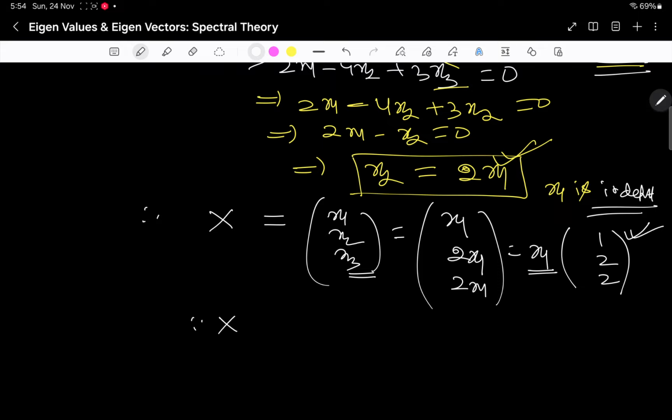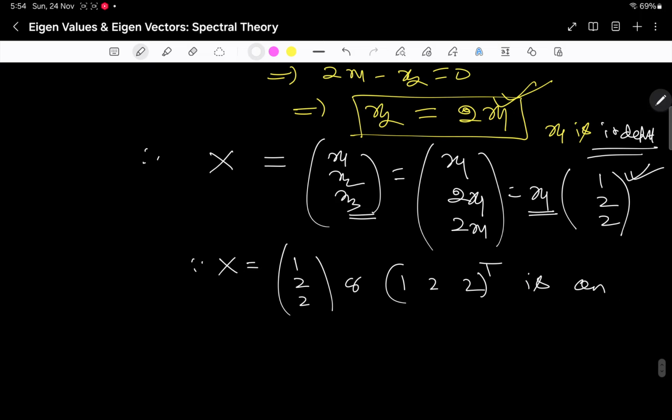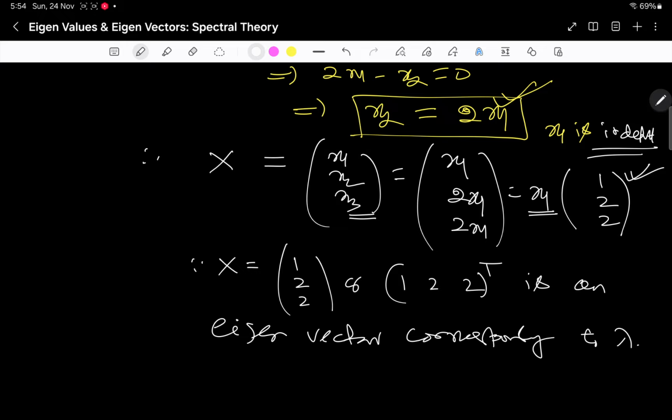Therefore x is equal to 1 2 2, or I may write it as 1 2 2 transpose to write in a line, is an eigenvector corresponding to lambda equal to 0. And since we chose x1 as 1 here, we may choose anything, right?